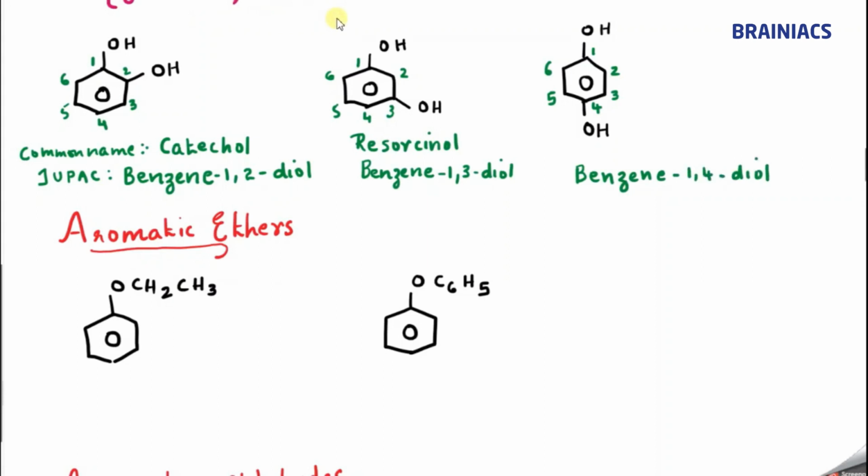Now can anybody tell the common name of this compound? There are two common names. One is hydroquinone, or it is also called quinol, Q-U-I-N-O-L. It is not mandatory that you remember the common name, but you should know how to give the IUPAC name. Sometimes in some questions they say resorcinol, so you should be able to draw the compound.